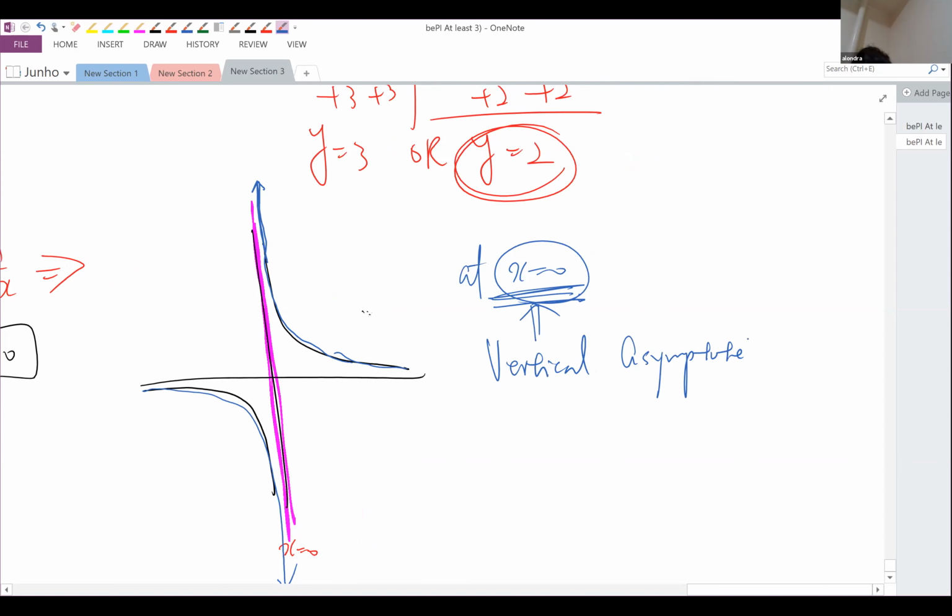Okay. Again, what does the vertical asymptote mean? That means x values never intersect with the 0 line. Basically, the function graph never crosses this line.